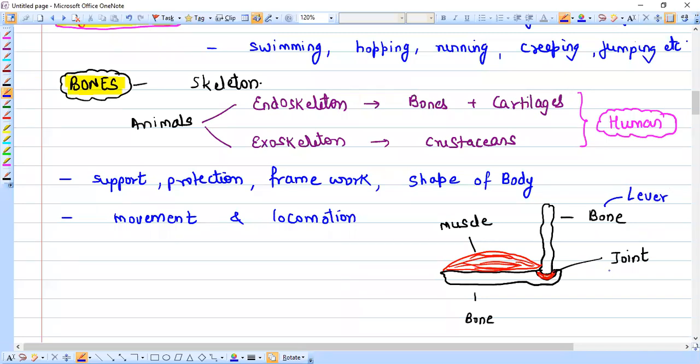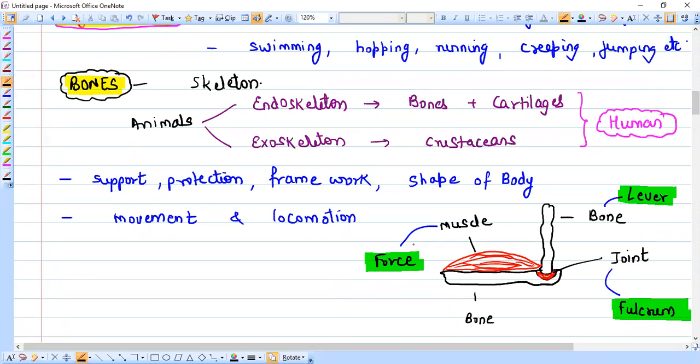Remember this, the bone is going to act as a lever, the joint is going to act as a fulcrum, and the muscle is responsible for generating force. So if any energy is generated, it is purely because of this. So for any joint, remember, bone is going to act as a lever, joint is going to act as a fulcrum, and muscle is going to provide the force. This is a very important point for your NEET exam also.